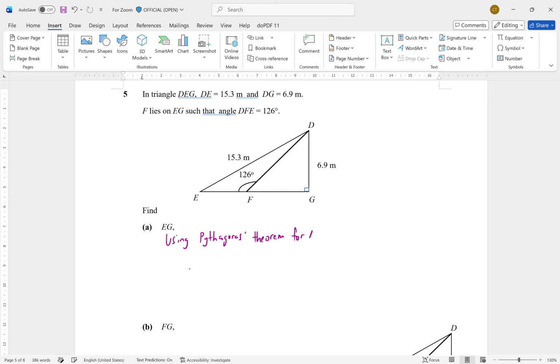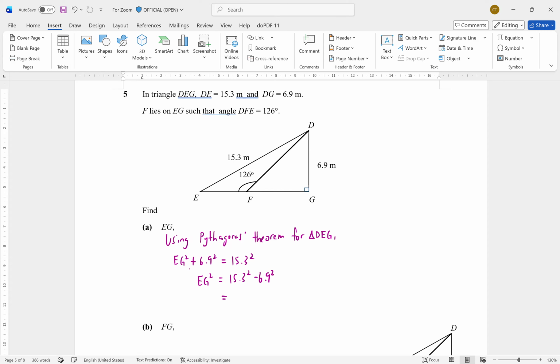For triangle DEG, we will have EG. The sum of the squares of the two shorter sides equals the square of the longer side, the hypotenuse. So EG square is 15.3 square minus 6.9 square.